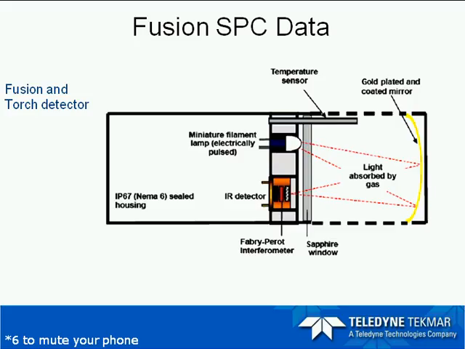They're reflected back towards the detector by the gold-plated mirror, and before it reaches the detector, the filter is no longer a glass sapphire window. It is the Fabry-Perot interferometer. The FPI is a micro machine, and what it does is cycle back and forth between a reference wavelength, which is non-selective for CO2, and the selective wavelength, which is at 4.26 microns for CO2.